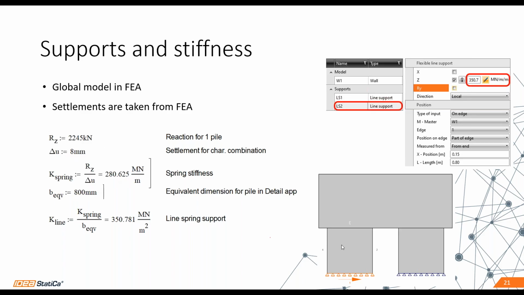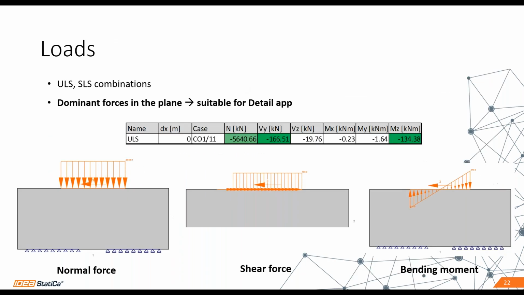Based on the equivalent width, you can calculate the line spring support, which will be used here for the definition of the stiffnesses in the Z direction, and create the springs there. So this is the first assumption, which is what is used in the next example.